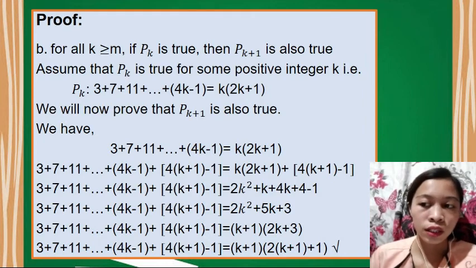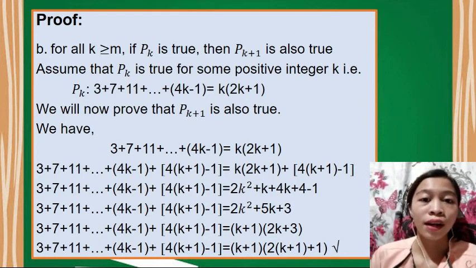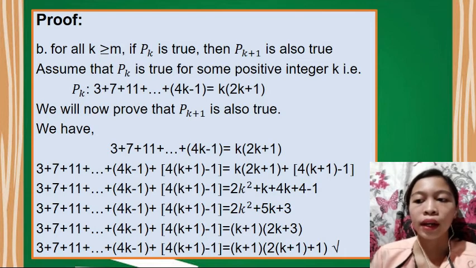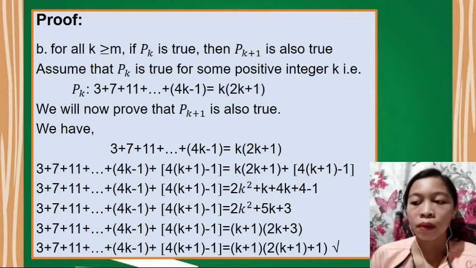And this expression can also be factored. So we have the factors k plus 1 and 2k plus 1. And lastly, we have the factor k plus 1 multiplied with 2 times k plus 1 plus 1. Okay? So we already proved that P(k plus 1) is also true.